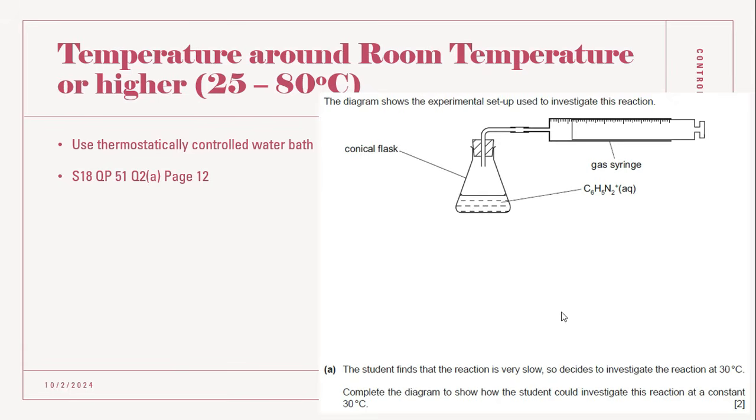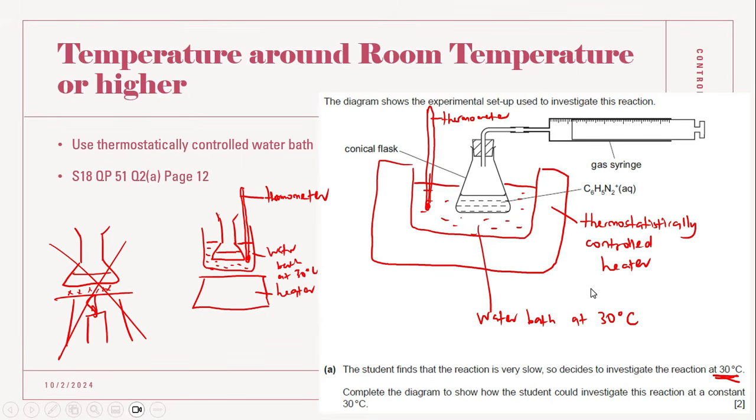Right, another experiment which they want to investigate the reaction at 30 degrees Celsius. So that will be temperature around room temperature. Falls within the range that I gave you just now, 25 to 80. To achieve a constant temperature at 30 degrees Celsius, the best method would be using a thermostatically controlled water bath.